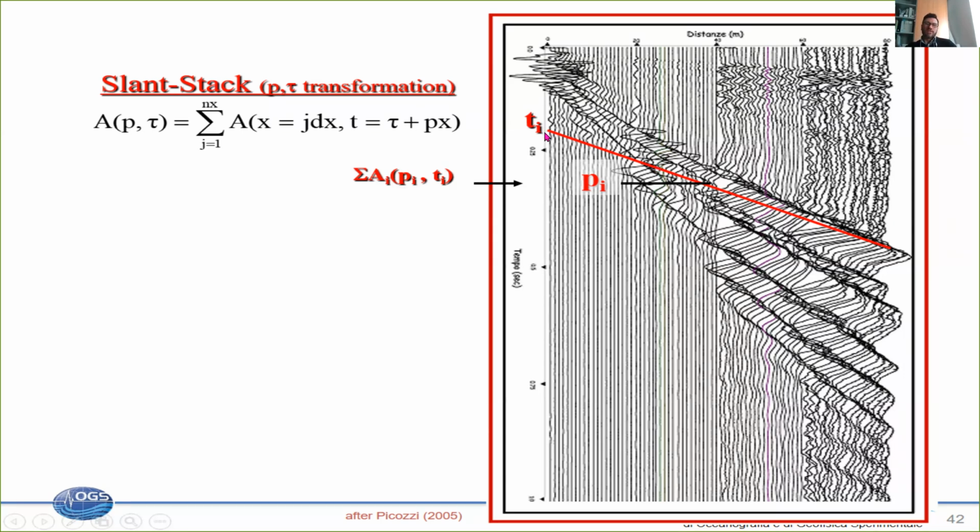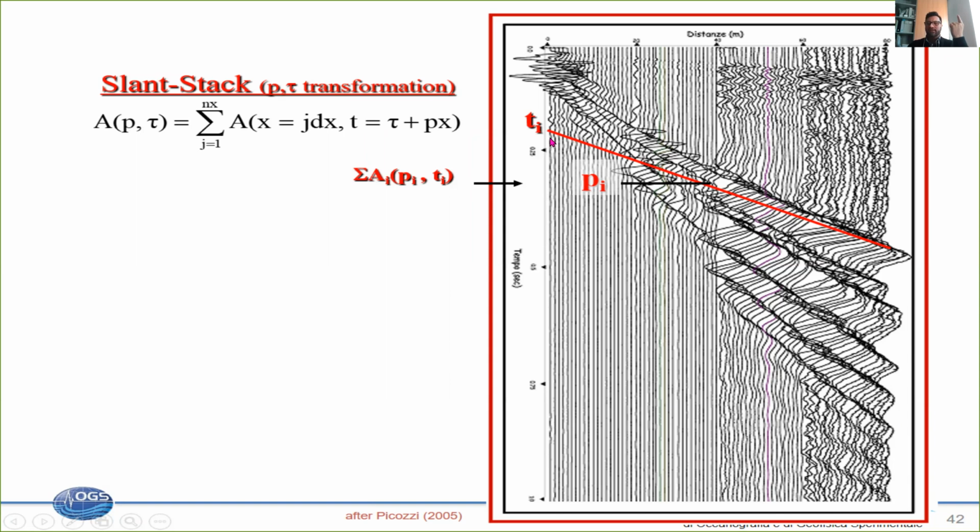I start from the first sample here, and I sum all the points in the next seismograms that are lying on the red line. From all these, let's say 60 points, I get only 1 point, which is just the summation of all of them.